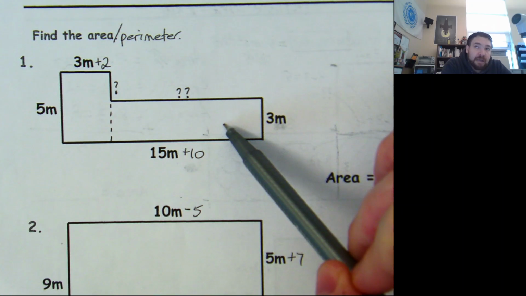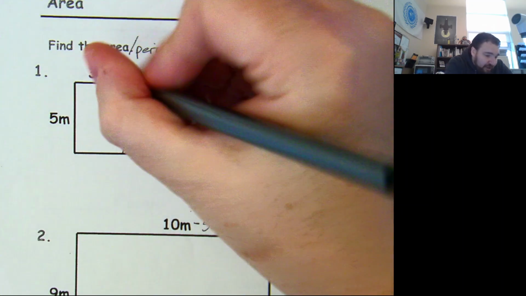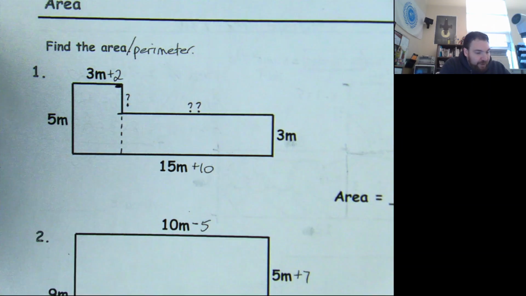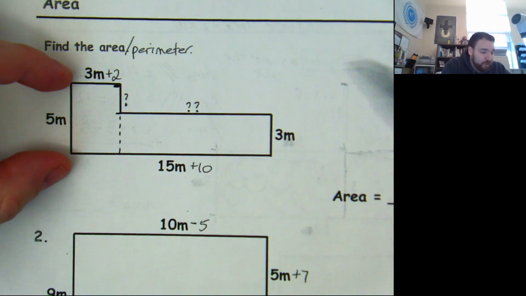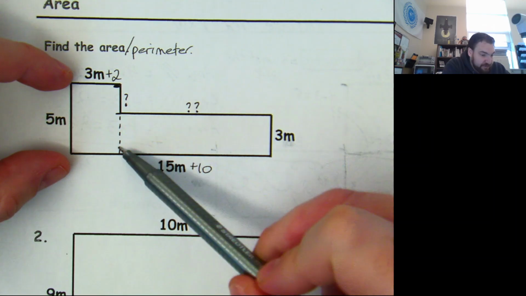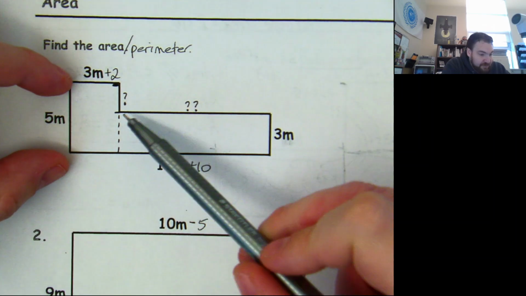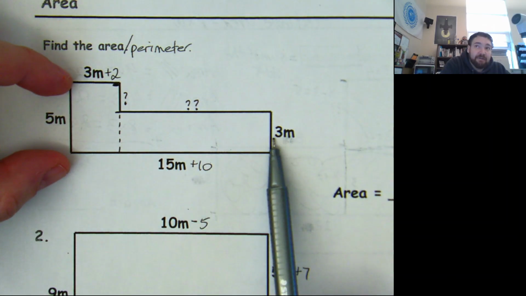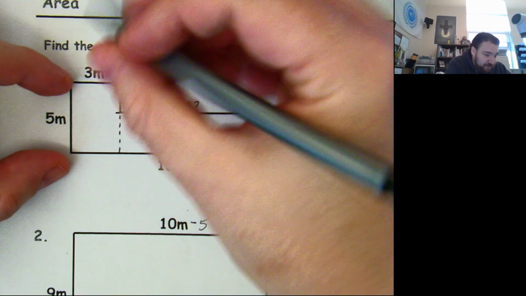That's cool. Now, all I'm missing here for this box is this little piece right here. We know this distance is 5m. What's this dotted line distance going to be? This dotted line distance is this side right here, so this is just going to be 3m.